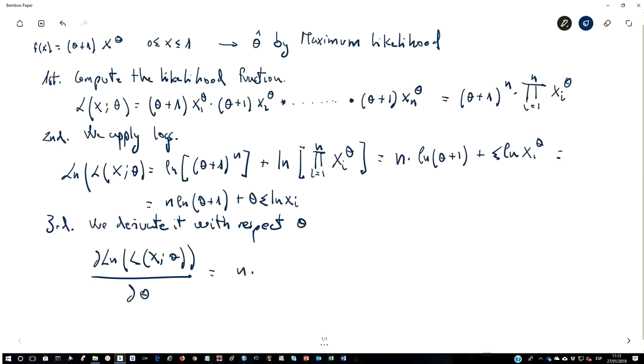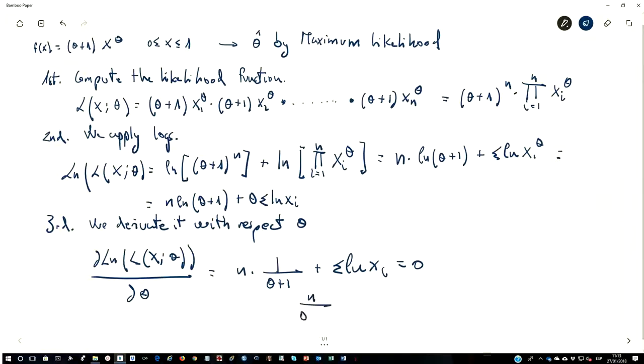So in that case, we derive only with respect to theta. The result is equal to n multiplying the quotient of 1 divided by theta plus 1, plus the summation of the natural log of x sub i, and we equate this expression to 0.